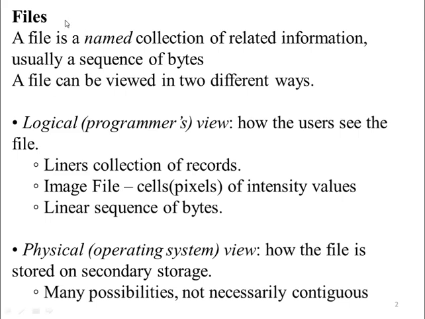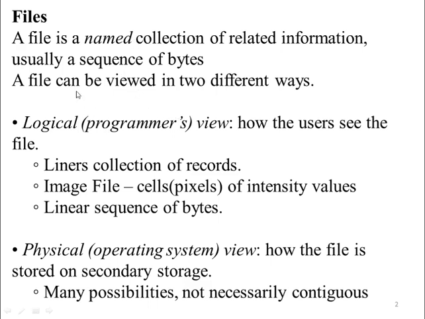So here they have mentioned a file is a named collection of related information, usually a sequence of bytes. When you consider a file, it has a name, a capacity, and a type. Like that, many things are there, so we will discuss them in detail.